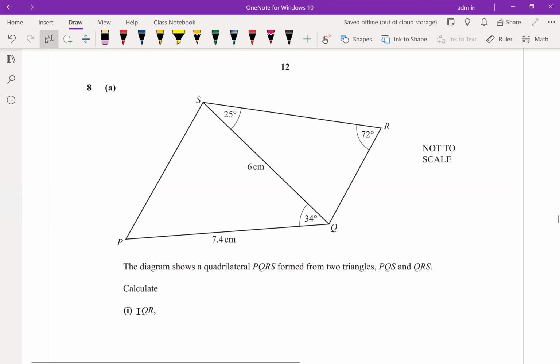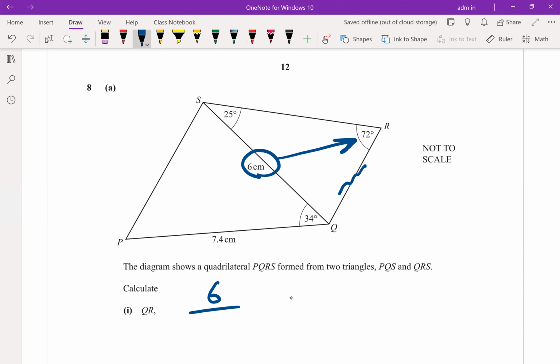Start part A, 1, QR. How to get QR? Because we have 1 side and the angle opposite, you can apply sine rule. 6 over sine 72 is equal to QR over sine 25. Start with any side divided by the sine of the opposite angle.